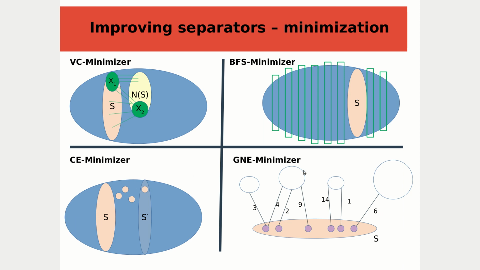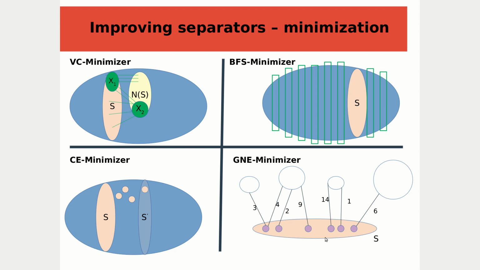And the greedy node edge minimizer is based on taking the separator S and creating an auxiliary graph structure where each node here represents a node in S, and each blue node here represents a connected component of the graph G minus S. Edges are weighted by the number of edges between a given node and a given connected component.